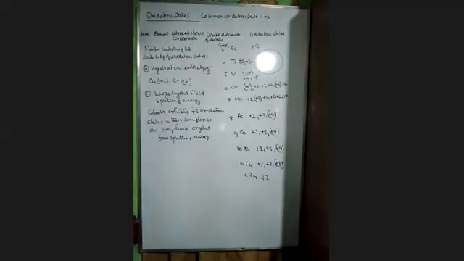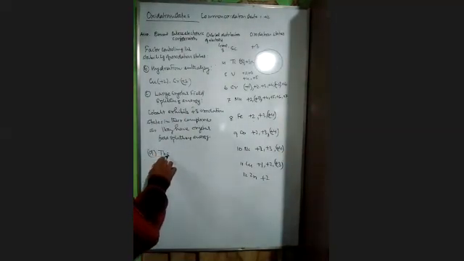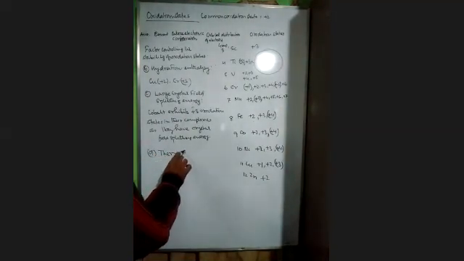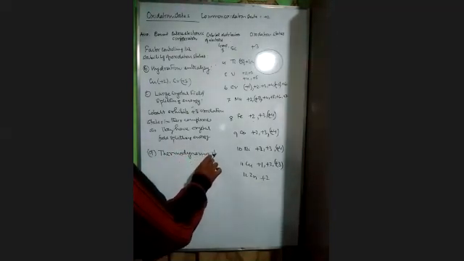If you convert this complex again into a normal salt, again we will come down to +2. This we call thermodynamic stability.